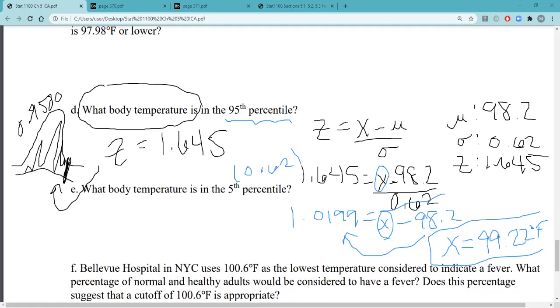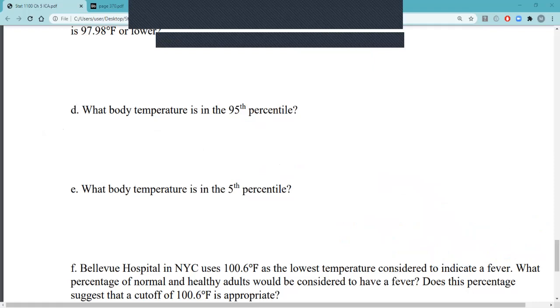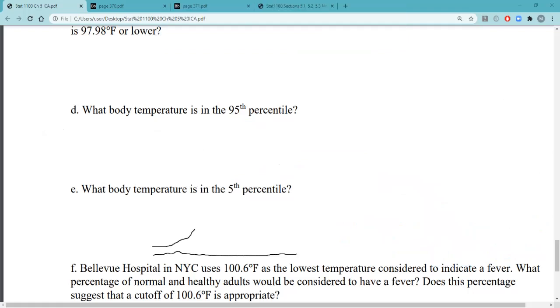I do want to give you the opportunity to try one of these problems on your own. So I'm just going to get you started with E. Notice here I'm looking for the 5th percentile, so I want area to the left to be as close to 0.0500.